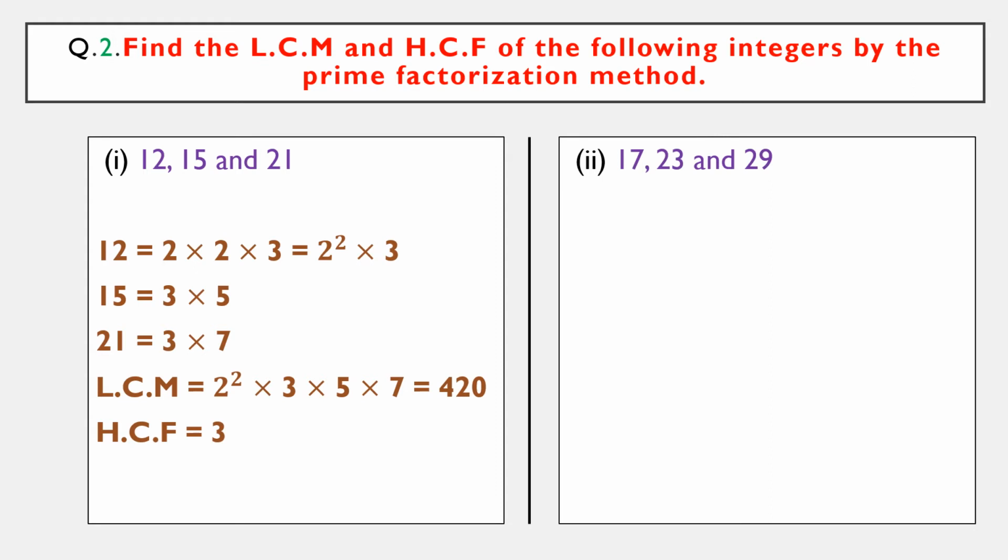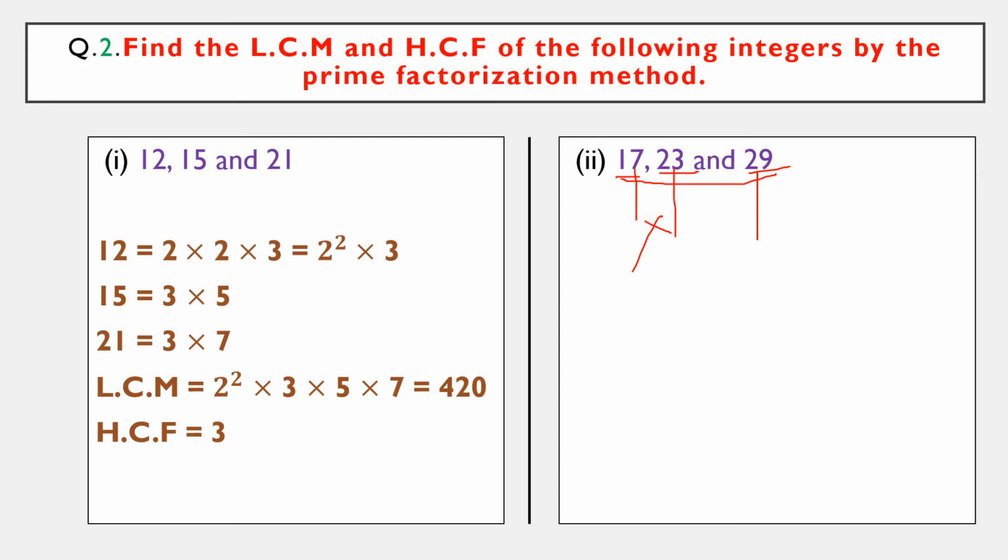Here one thing you should remember: if we are asked to find the LCM and HCF of 3 prime numbers, 17 is a prime number, 23 is a prime number, as well as 29 is also a prime number, then the LCM is just the product of these 3 numbers.